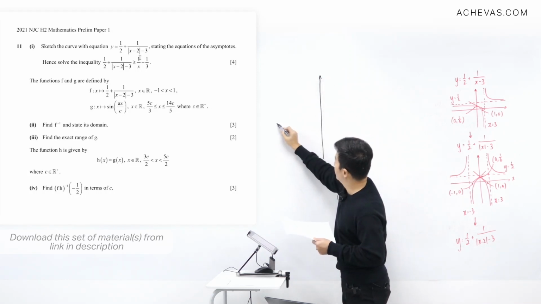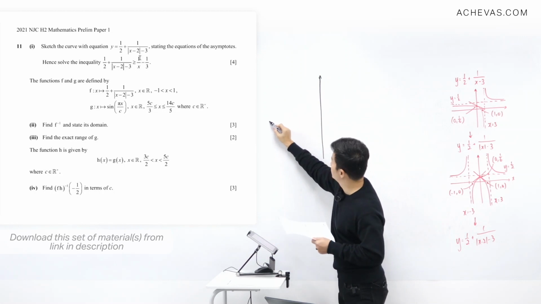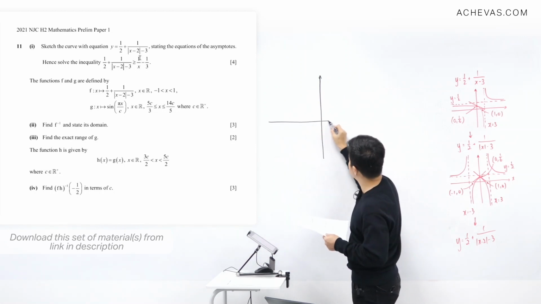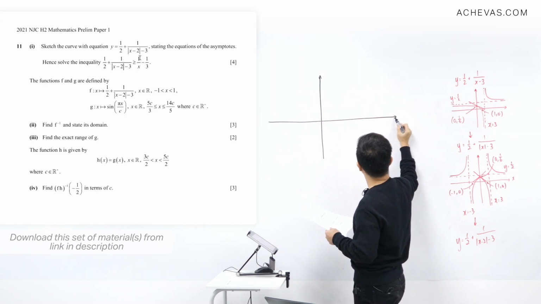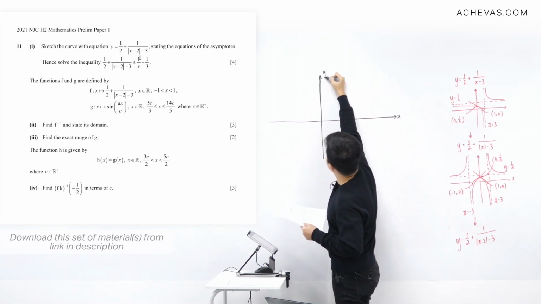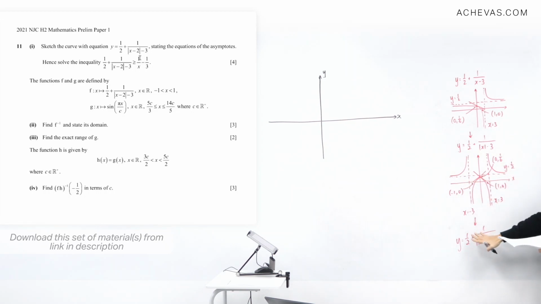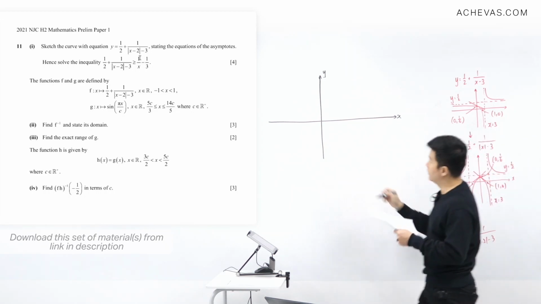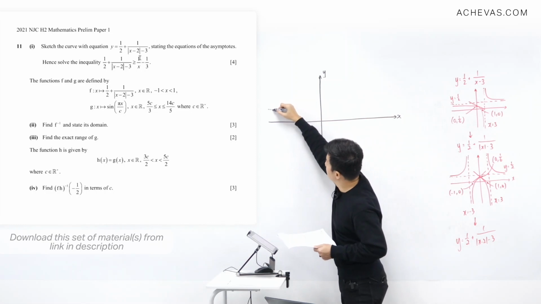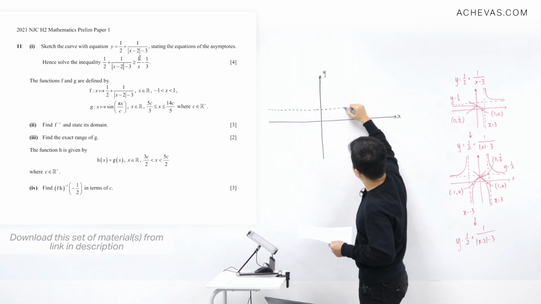We have a horizontal axis, the x-axis, and the y-axis. The horizontal asymptote remains the same even after the transformation. So y is equal to half is going to continue to be here. Let me do a sketch of it.